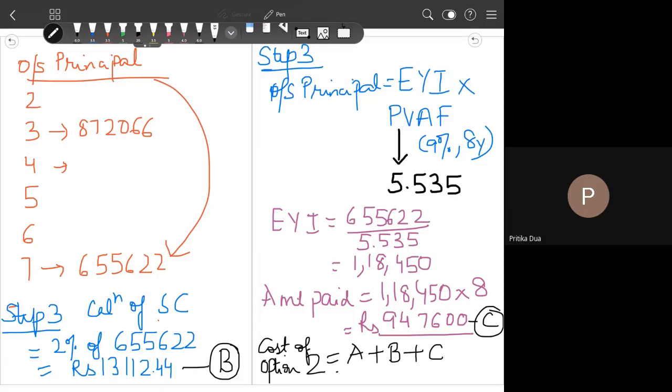What is the total cost coming to? Add up all the three values.